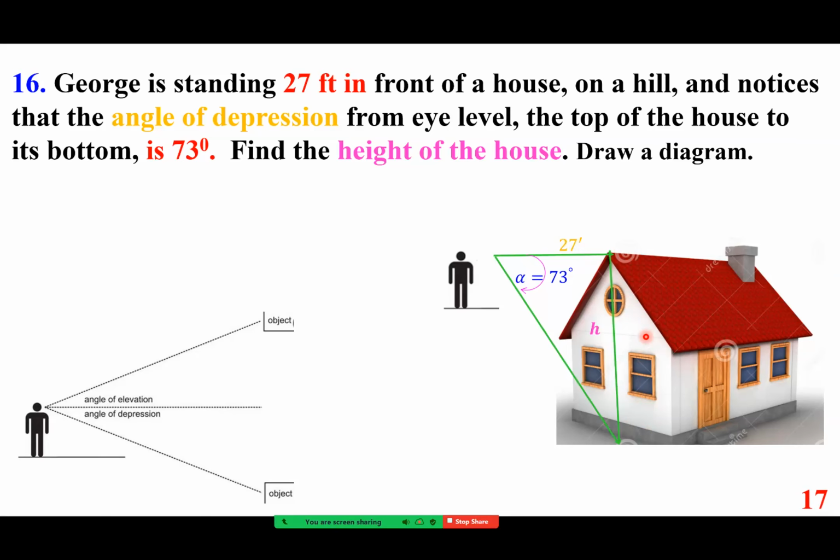So h, the height, is of interest to us, which is tan of 73 degrees is the opposite h over the adjacent 27. The opposite is h, the adjacent is 27, so h is the product of these two. 27 times tan of 73 degrees, you put it into a calculator, it's 88.31 feet.